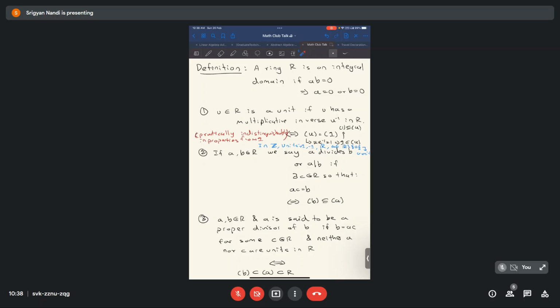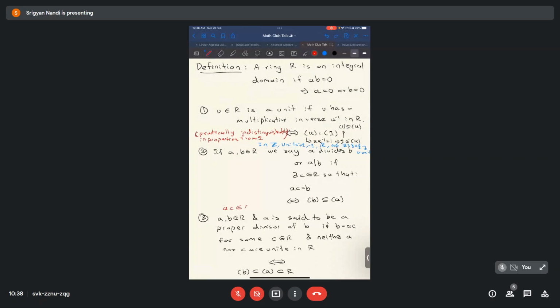If A and B are two elements of R, then A divides B if there exists some C in the ring R such that AC equals B. And this is if and only if the ideal generated by B is contained in the ideal generated by A. And that is fairly trivial, since AC belongs to the ideal generated by A, and AC is basically B, so B belongs to the ideal generated by A, and that implies that the ideal generated by B is contained in the ideal generated by A.